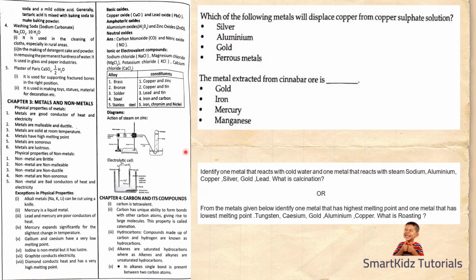There's also one more thing, figure 3.4. Just read about it. It's an iron nail that is dipped into a copper sulfate solution, and then the blue color solution turns colorless, and the iron nail ends up turning brownish in color. So what exactly happens over there?